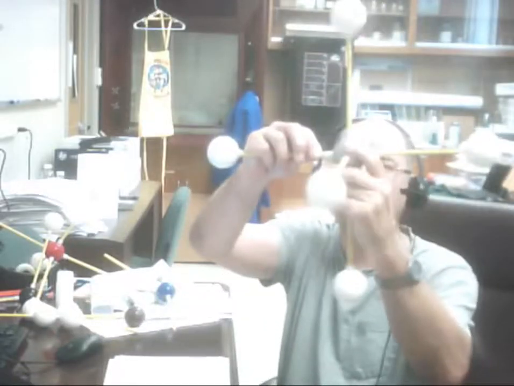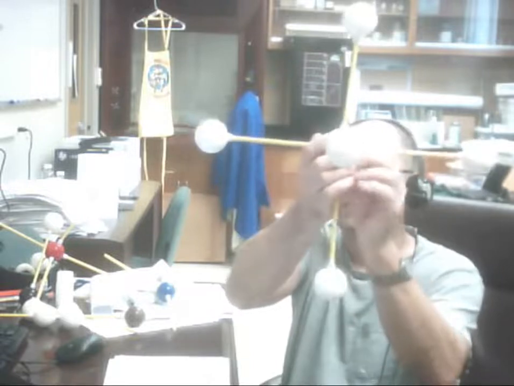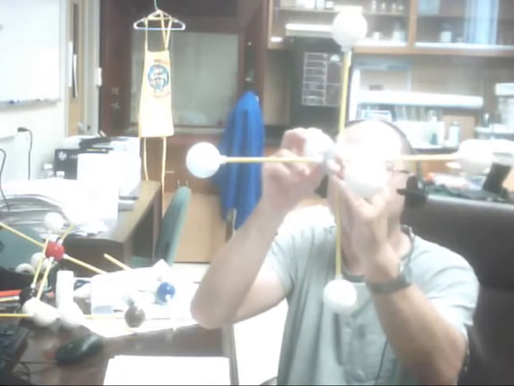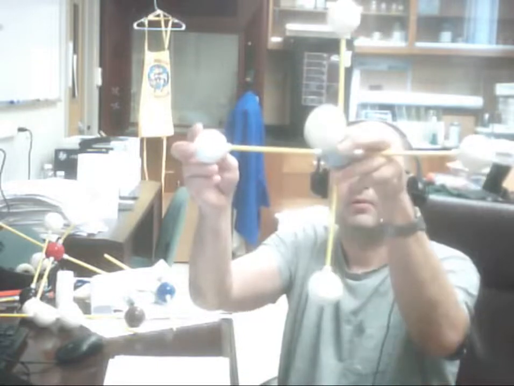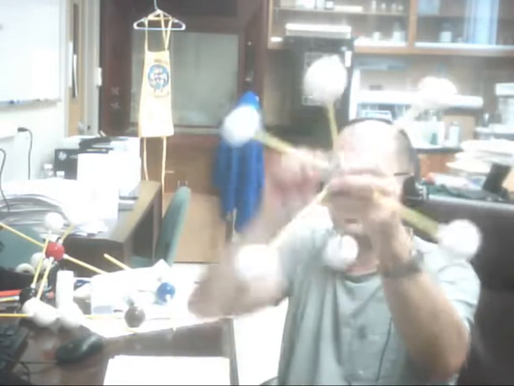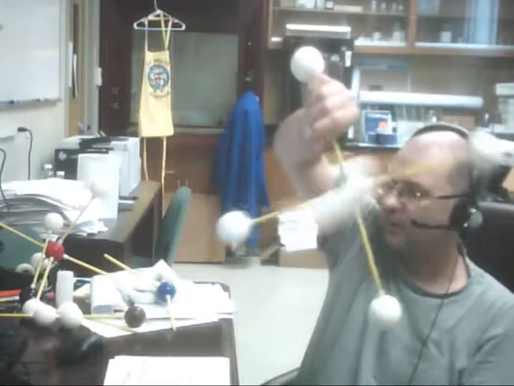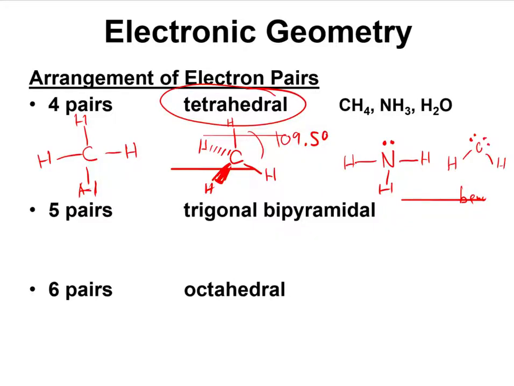You have 6 regions, and these are all 90 degrees. This is highly symmetrical now. 6 regions pushing away from each other, and so that's called an octahedral, right? It spins nicely. Okay, let's see what we got next here.